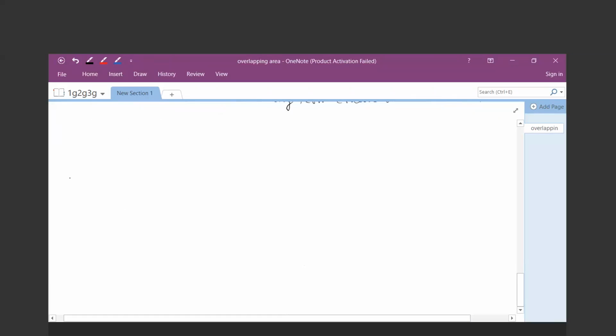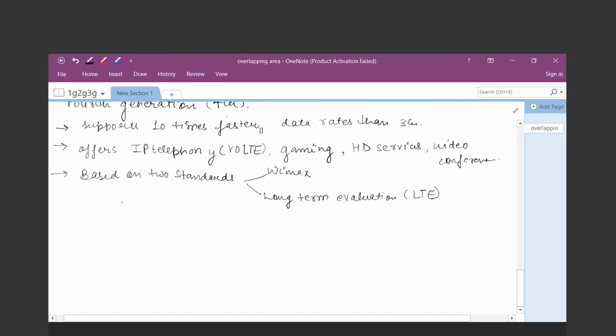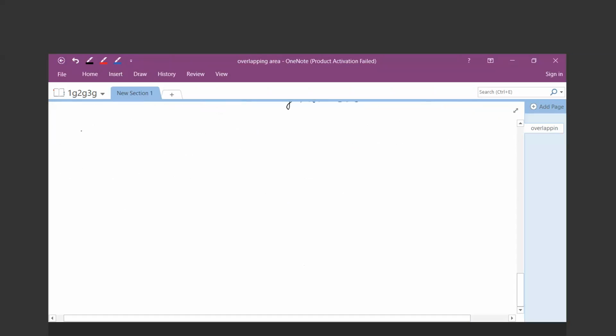Now GSM. So GSM is a successful digital communication system in the revolution of mobile telephony, because it is the first one in which users can move from one location to another location and stay connected to the phones.